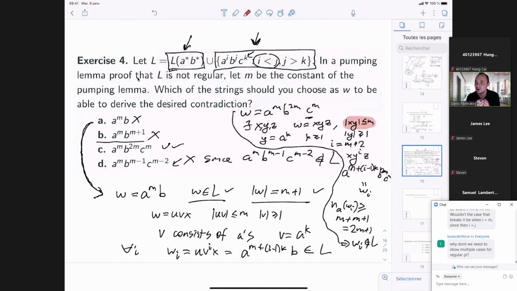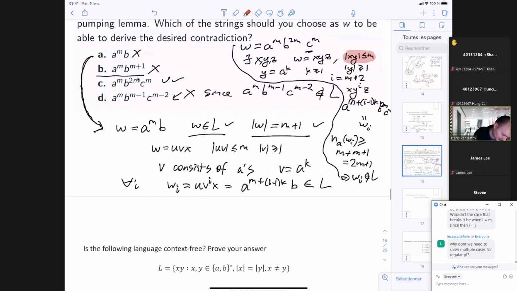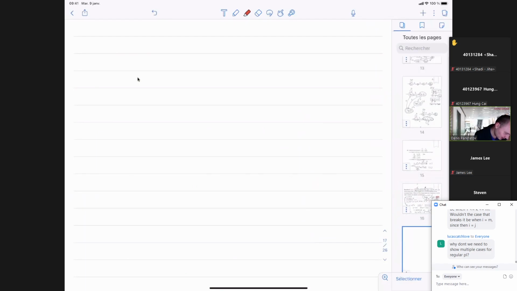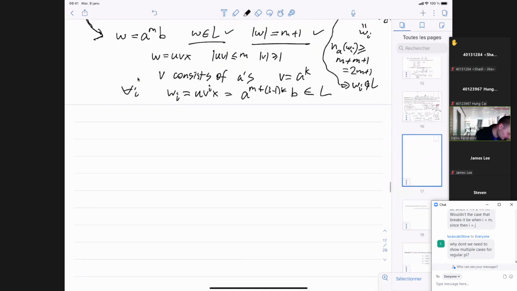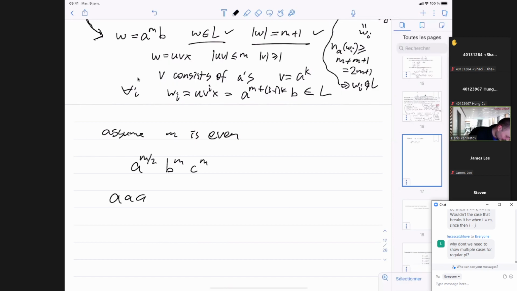If you chose a string where the first M characters had A's, B's, and other things, then you would still need to show a few cases. So for instance, assume M is even, then you could choose a string A to the power M over 2, B to the power M, C to the power M. So you have A, and that repeats M over 2 times.